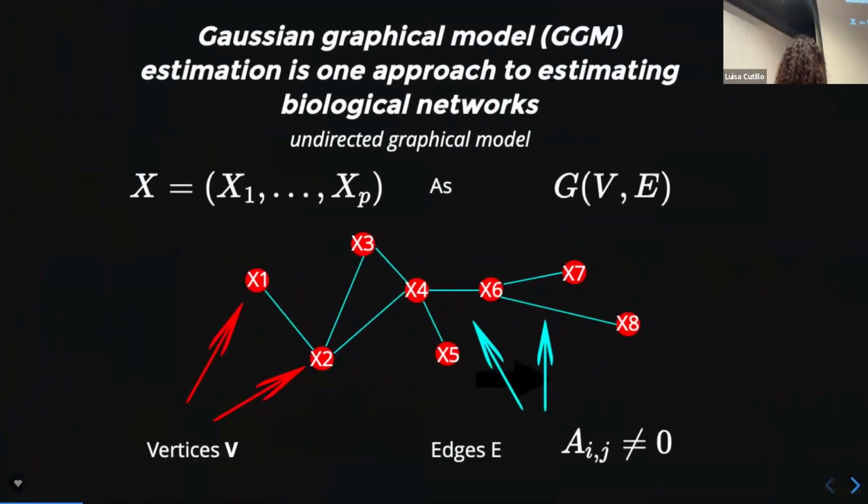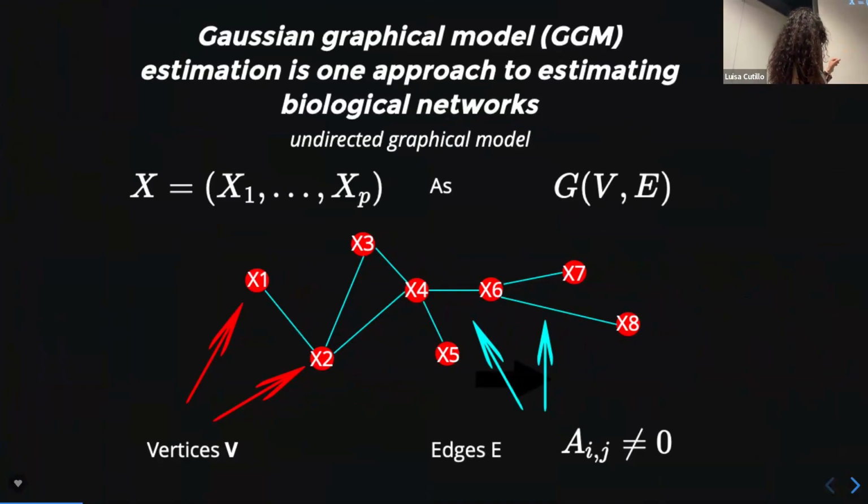Now, the Gaussian graphical models are a special case of undirected graphical model. So what is it? You can imagine having a multivariate random vector with a specified distribution, and the components of that vector will be the nodes of the graph. Then with different approaches, you can take the data and try to estimate the interactions between those.